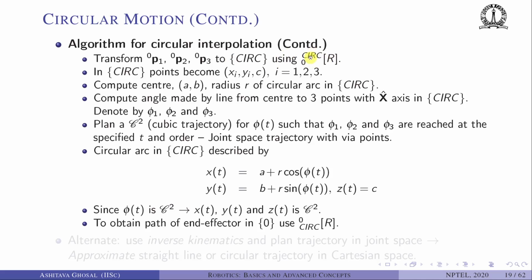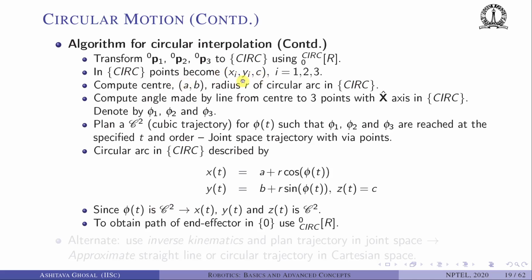So you can see CIRC0R into 0p1 will give me this point p1 in the CIRC coordinate frame. So in this CIRC coordinate frame, the points will be xi, yi and ci. The z coordinates will not change, because all three are in a plane.